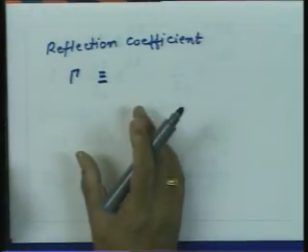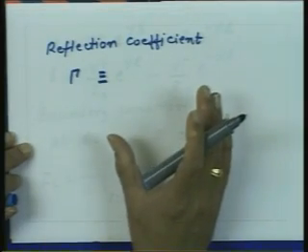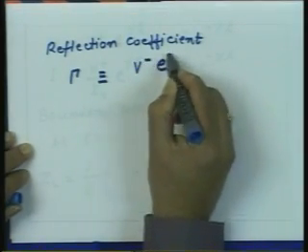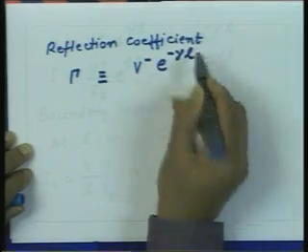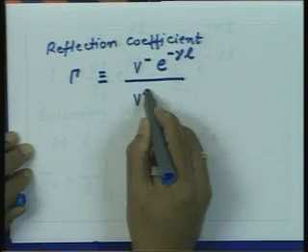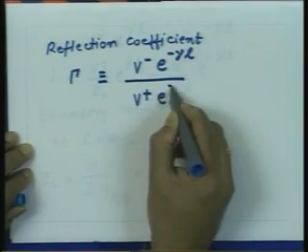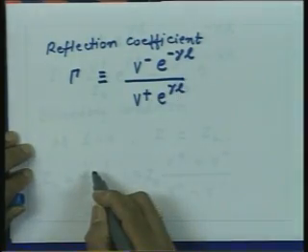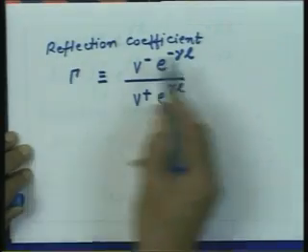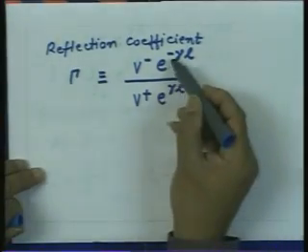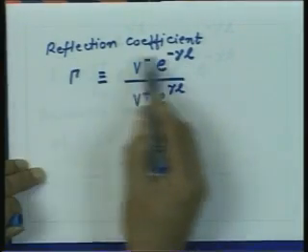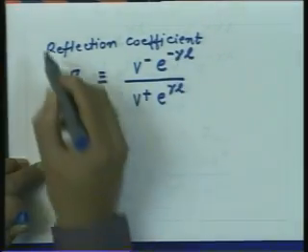So, at any location, if I take the voltage for the backward wave, which will be V minus e to the power minus gamma L, and if I take the voltage for the forward wave, which is V plus e to the power gamma L, the ratio of these two quantities is what is called the reflection coefficient. Since we are taking the ratio of the backward and forward voltage waves, we call this the voltage reflection coefficient.